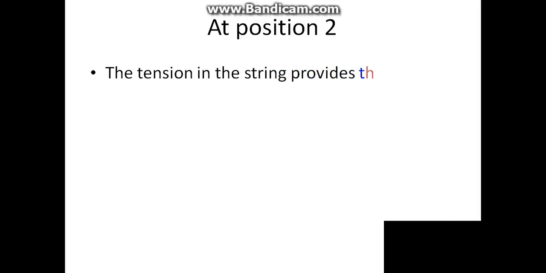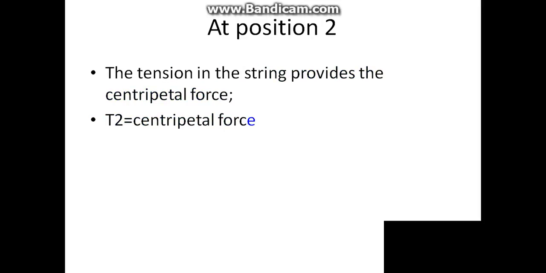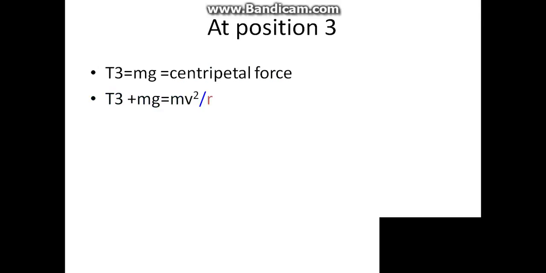At position 2, the tension in the string provides the centripetal force. T2 is equal to the centripetal force. Therefore, T2 is equal to mv squared over r. At position 3, T3 plus mg is equal to the centripetal force. T3 plus mg is equal to mv squared over r. T3 is equal to mv squared over r minus mg.